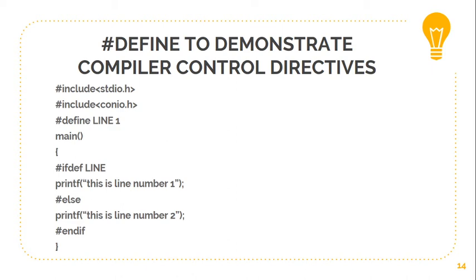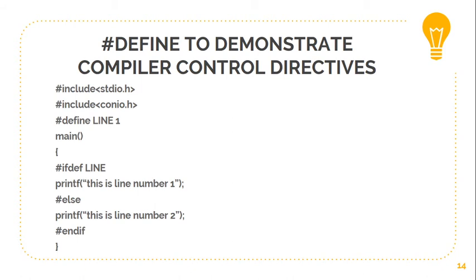So here the compiler control commands we are going to see are #ifdef, #else, and #endif. In the main section you can observe 3 commands. For every if command, it should end with endif.